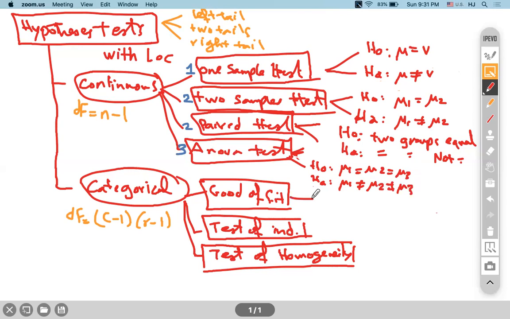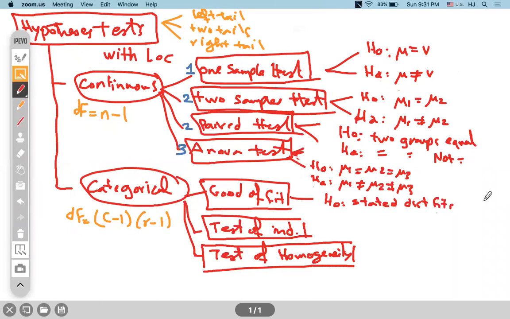So in the goodness of fit test, the null hypothesis will be that the stated distribution fits what is expected. We have some selections made by people, let's say the color they prefer, and we want to see, does this selection fit with what we expect?